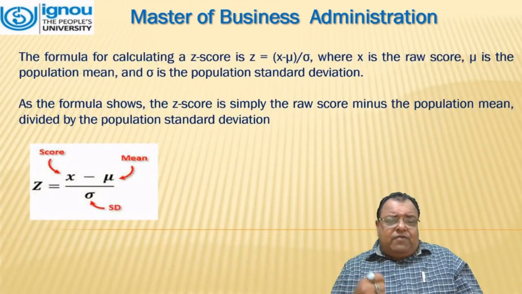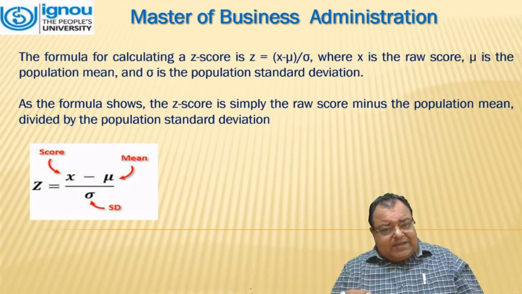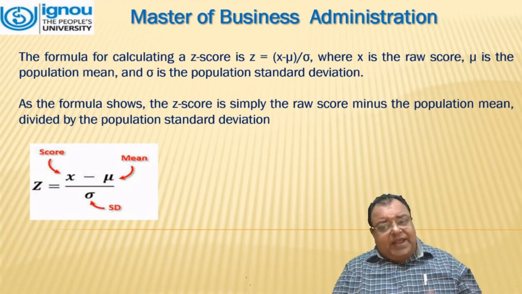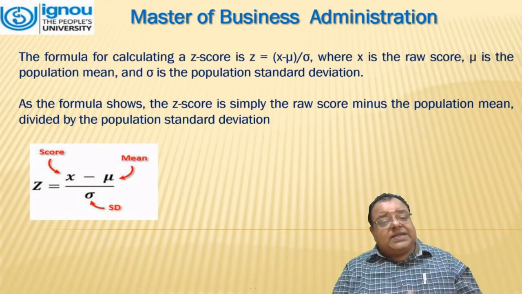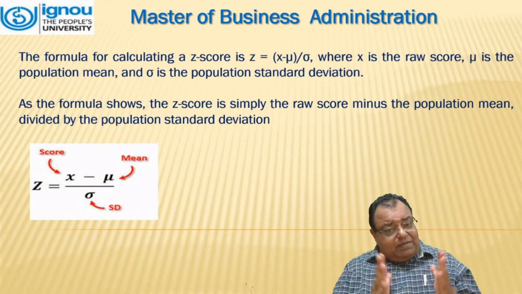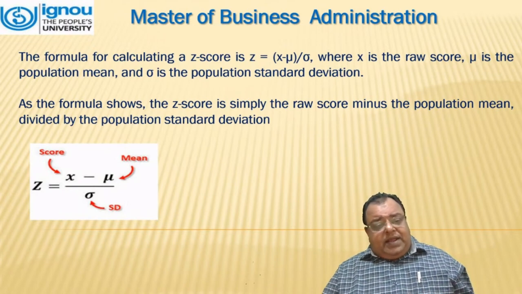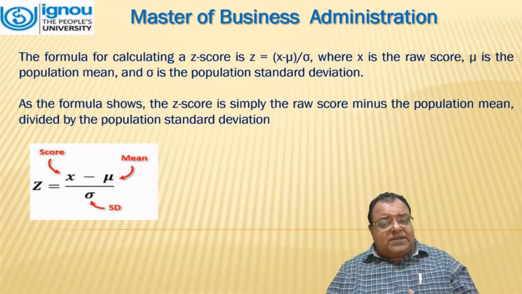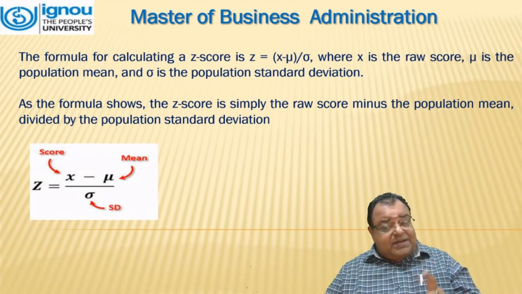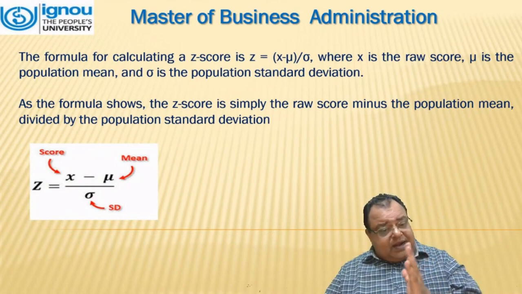The formula for calculating z, that is, z is equal to x minus mu upon sigma, where x is the raw score, mu is the population mean, and sigma is the population standard deviation. All these 3 values will be given to you in the problem. As the formula shows, the z-score is simply the raw score minus the population mean divided by the population standard deviation.